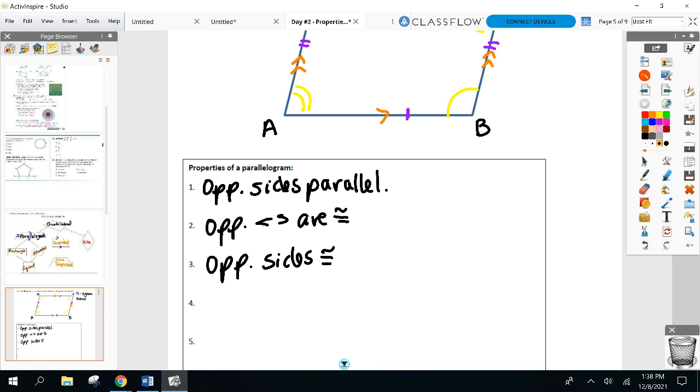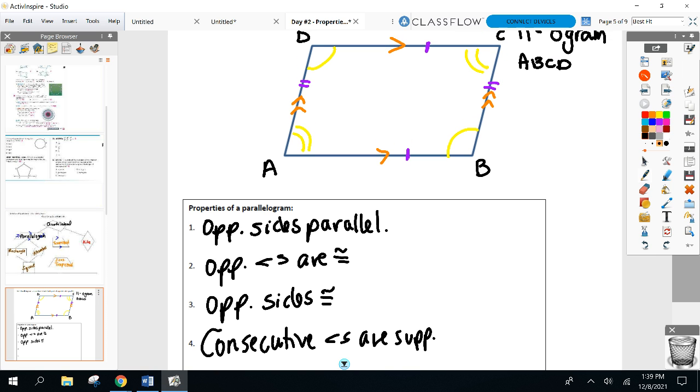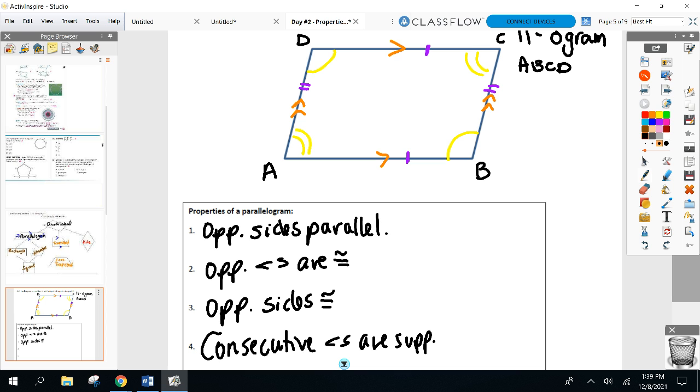Consecutive angles are supplementary. So again, angle A plus angle B equals 180, angle B plus angle C equals 180.